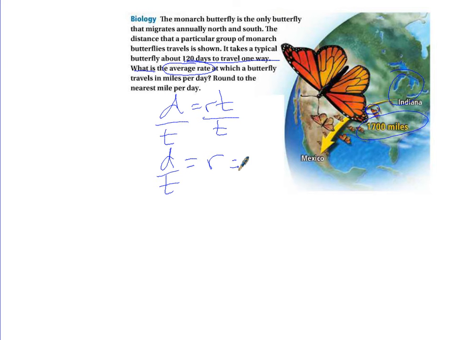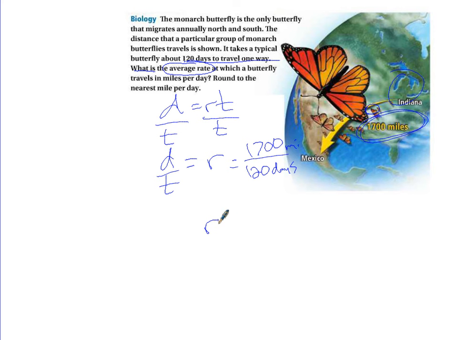So, what is D? That's the distance they travel, and the distance they travel is right here, 1,700 miles divided by 120 days. And notice I'm including the units on that because I want you guys to see the units.